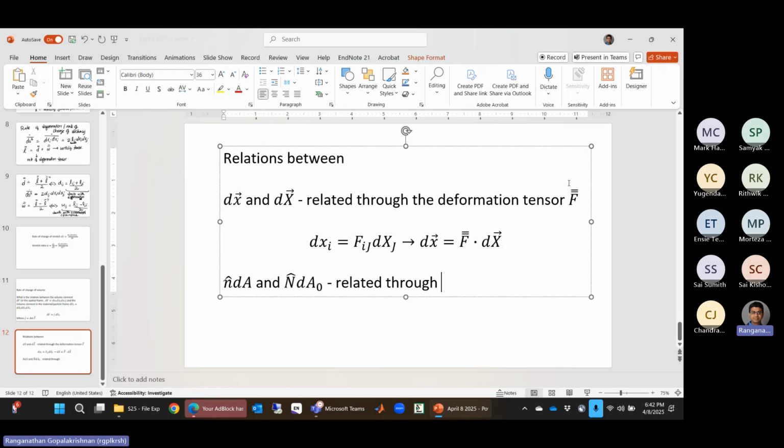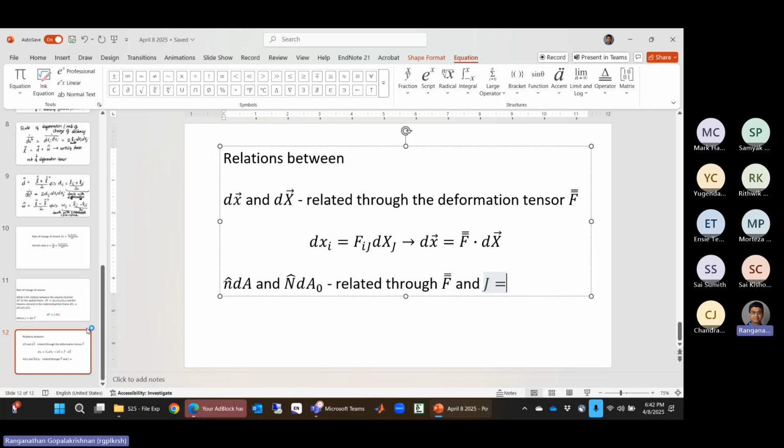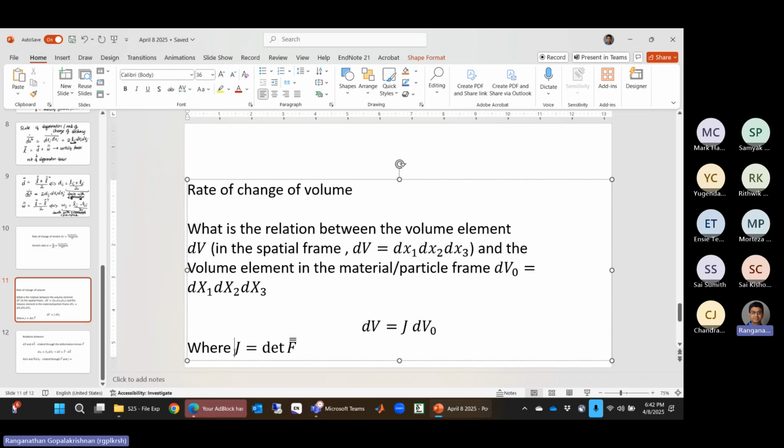I'll just write through F and J, which is the determinant of F or the so-called Jacobian.